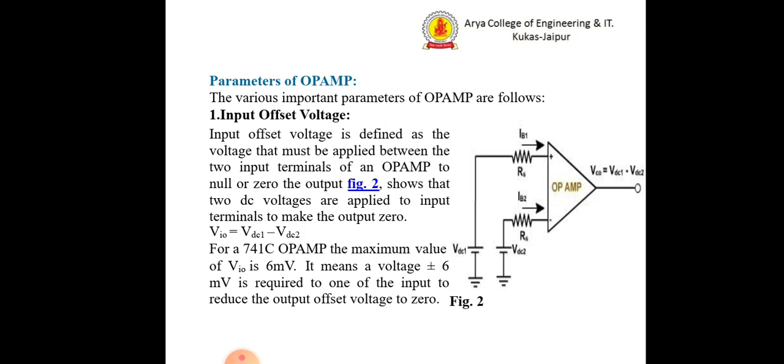For a 741 op-amp, the maximum value of this input offset voltage is 6 millivolt. This means that a voltage of plus or minus 6 millivolt is required at one of the inputs to reduce the output offset to 0. This is required in order to match the two transistors.